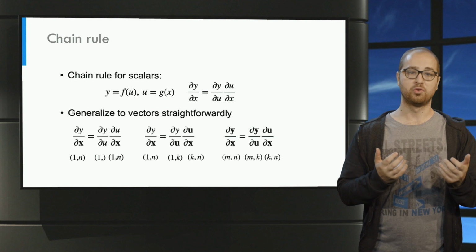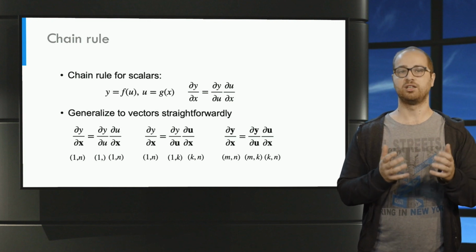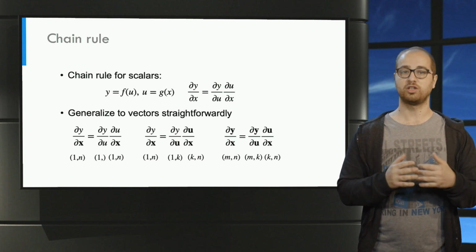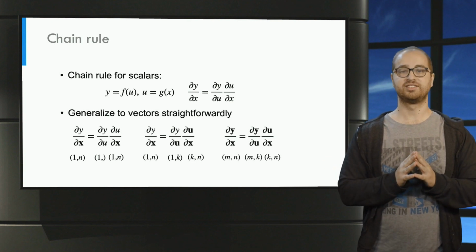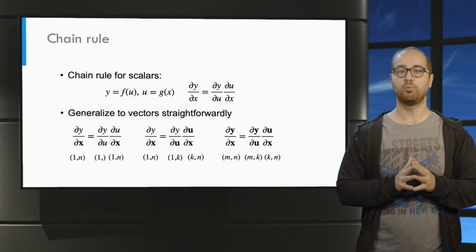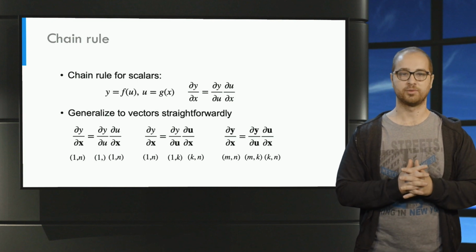This rule can of course be straightforwardly extended to compositions of more than two functions and to vectors or matrices, as shown in the slide. As we will see, the chain rule is one of the key components of the backpropagation algorithm.